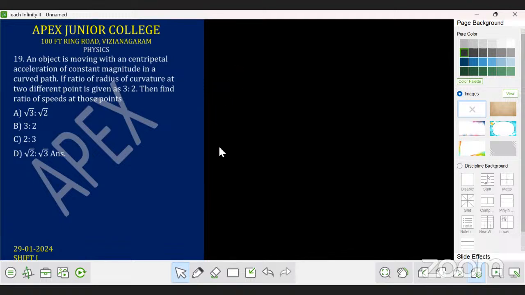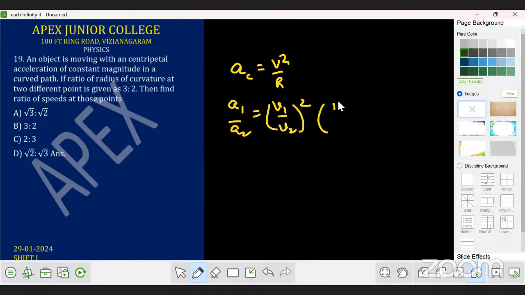What is the formula for centripetal acceleration? Centripetal acceleration is nothing but V square by R only, na? Then the ratio of centripetal acceleration is V1 by V2 whole square into R2 by R1, since R is in the denominator, na? Radius of curvature values are given. And it is given that centripetal acceleration is constant.